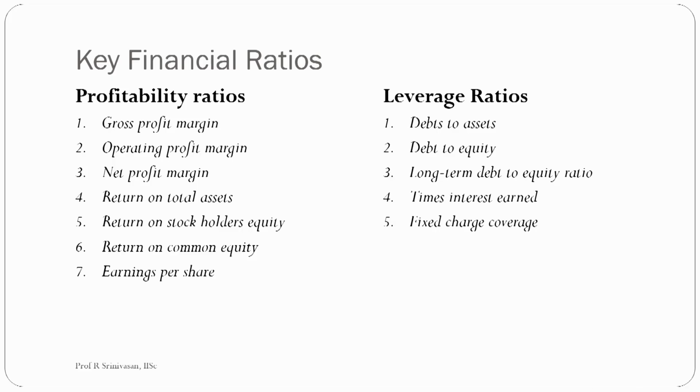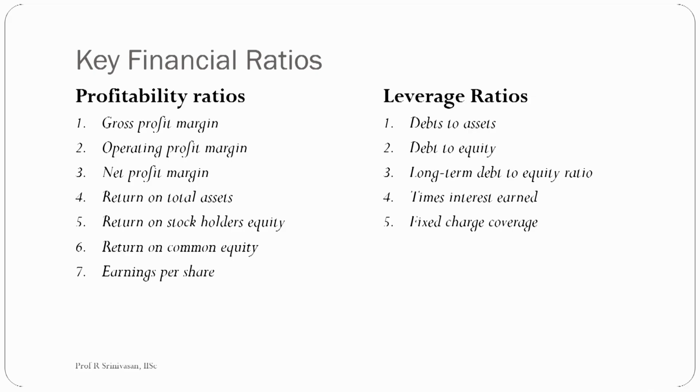The fourth ratio that you are looking at is the times interest earned. What is this times interest earned? It is calculated by the formula profits before interest and taxes divided by the total interest charges. What does this give you?